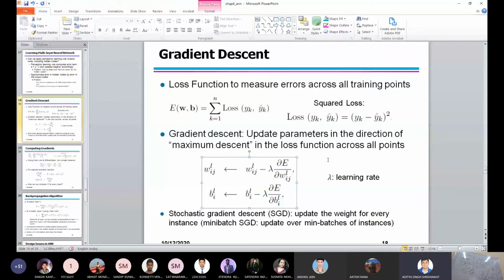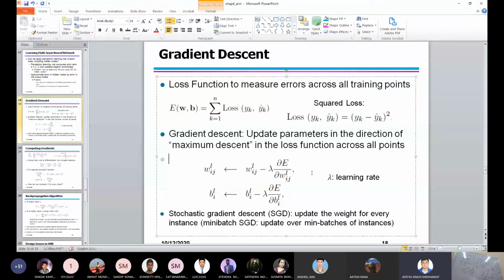Sir, what is the significance of gradient descent? Are we decreasing the error in weight or bias? Yes. See, the objective is to get the error to a minimum, and that is why we are using the squared loss function. We will update the parameters in such a way that the gradient decreases, so the gradient will be in the negative direction.